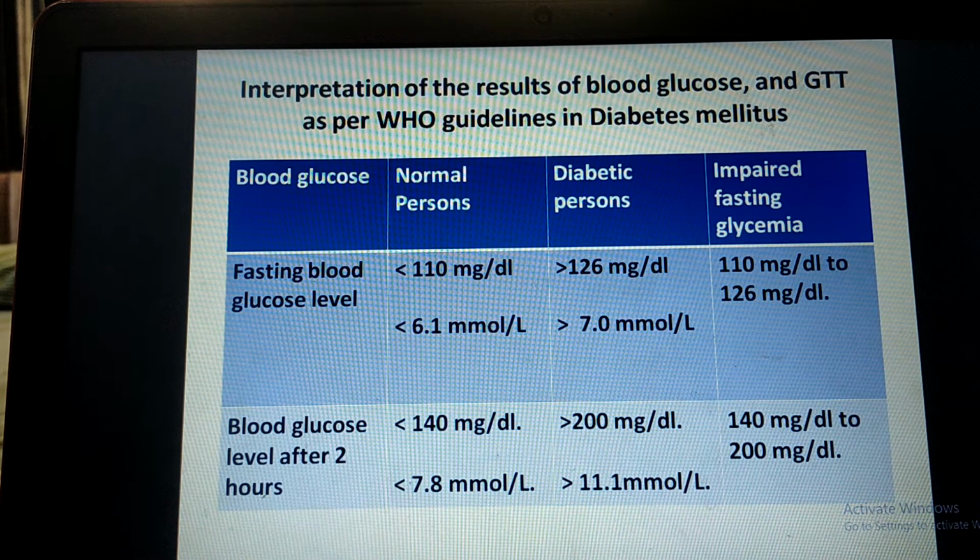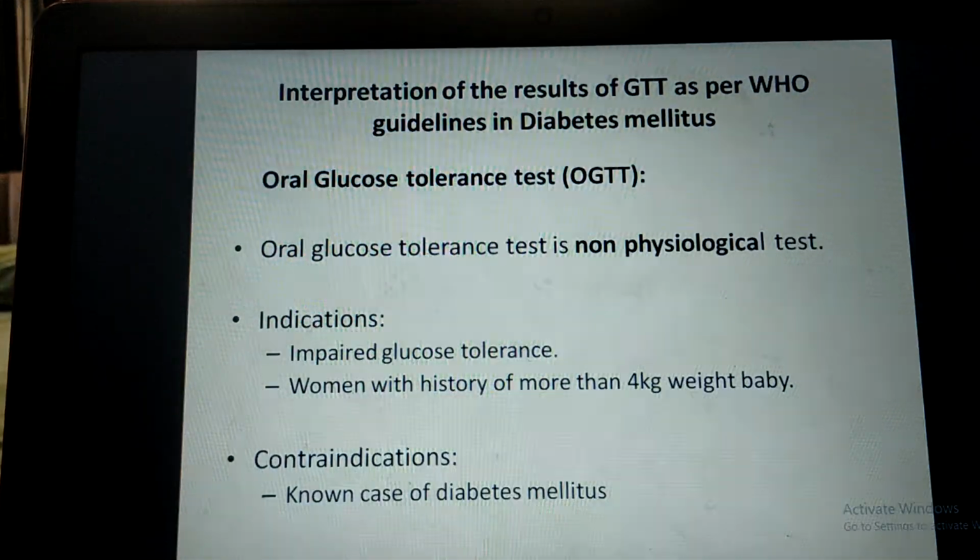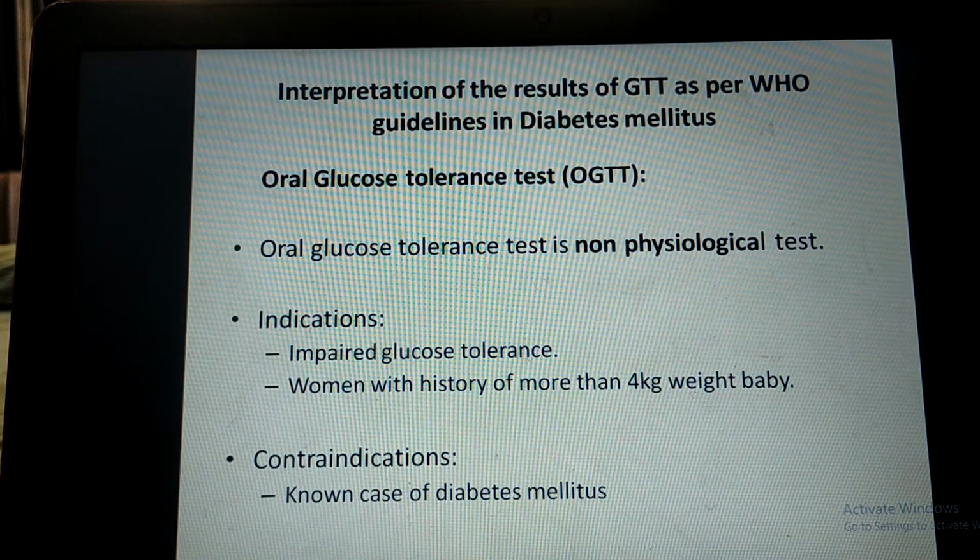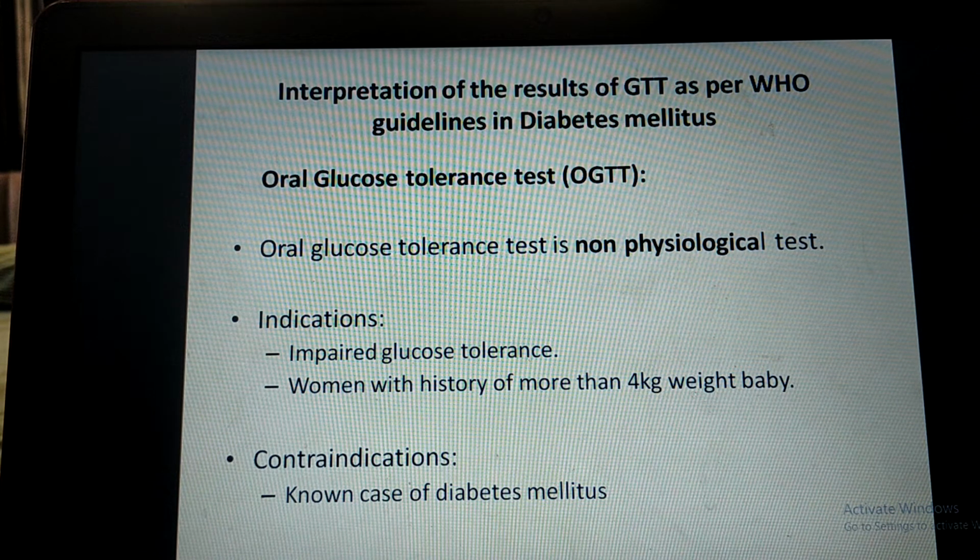When we perform a fasting and post-meal blood glucose of any person, and if the fasting blood glucose level falls between 110 mg per deciliter to 126 mg per deciliter, or post-meal blood glucose level falls between 140 mg per deciliter to 200 mg per deciliter, such condition is called impaired glucose tolerance. In such a person, to confirm diabetes mellitus, we will go for oral glucose tolerance test.